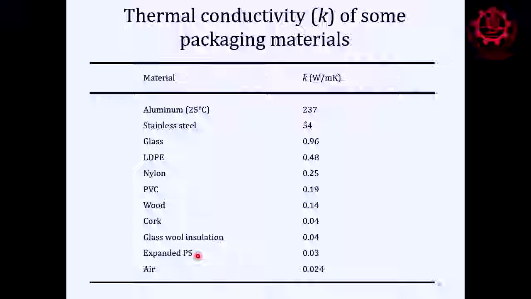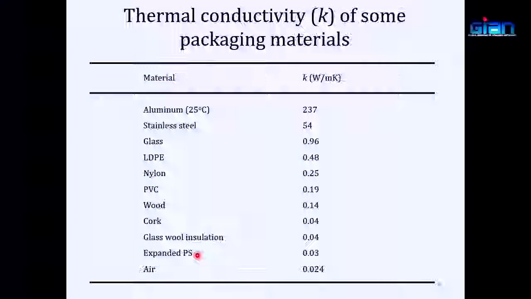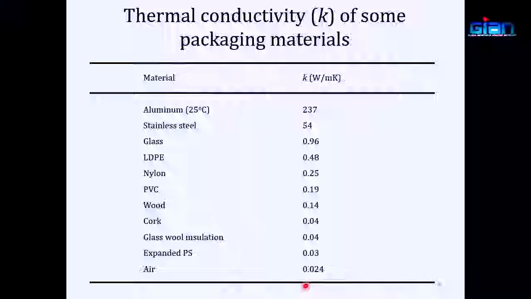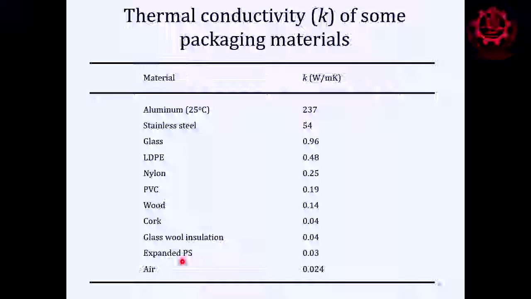Polystyrene, right? This we use as a cooler, like an ice box, simply because it has a lot of air entrapped, which has a very, very low thermal conductivity. This expanded polystyrene is actually 95% air entrapped between the polymer, and that also gives you very low thermal conductivity.